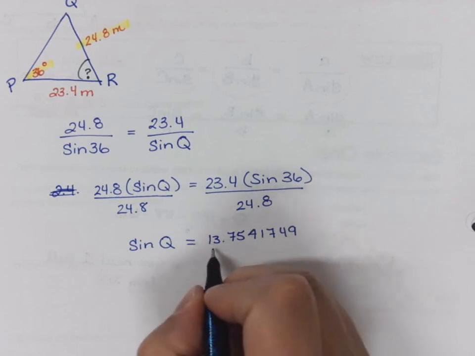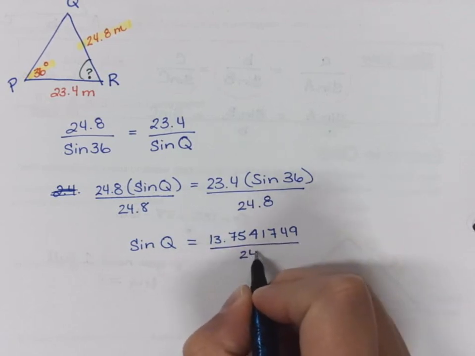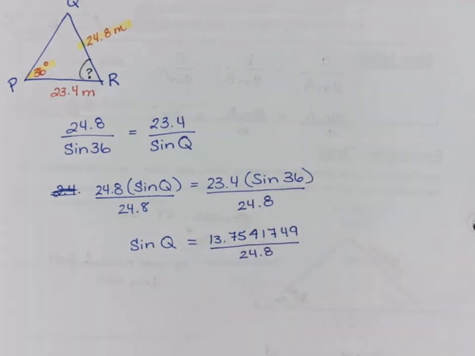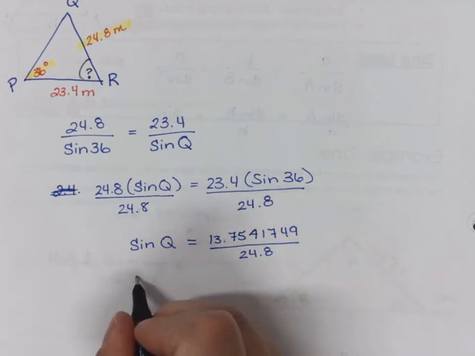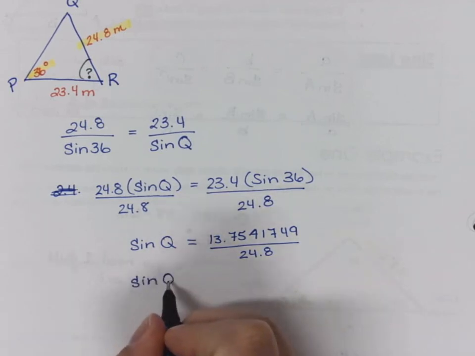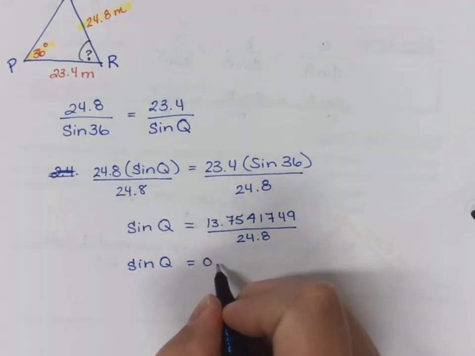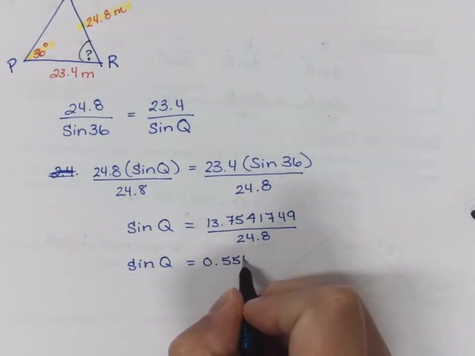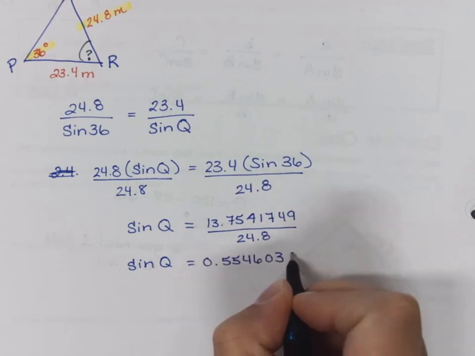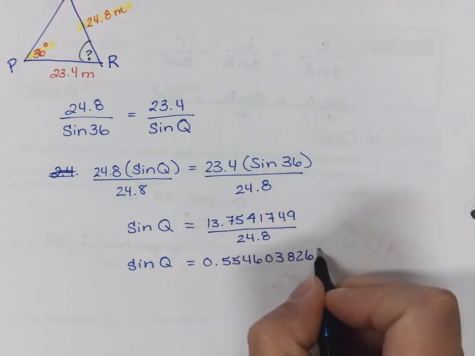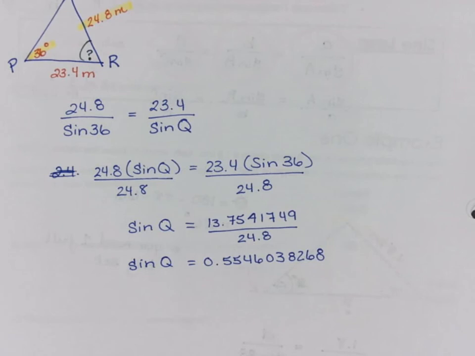But for some of you, your calculators aren't nice and they don't store information. So sine Q, and notice I'm still using capital Q's, is 0.554603828. You have to use all the decimal places until your final answer, okay?